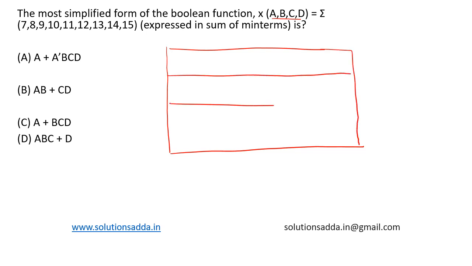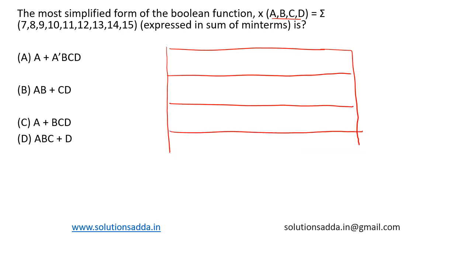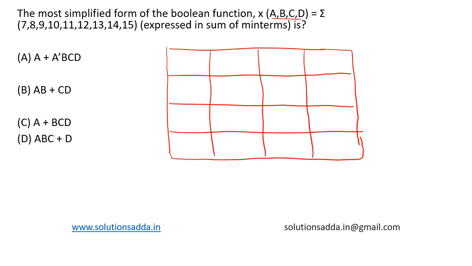This is the 4 variable k-map. We have A bar B bar, A bar B, A B, A B bar.